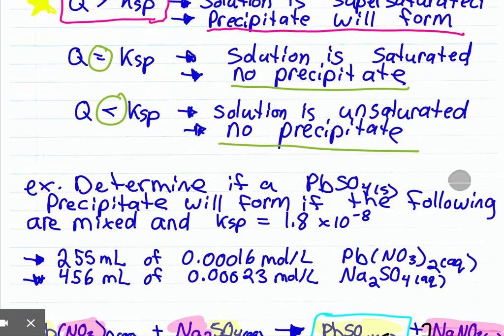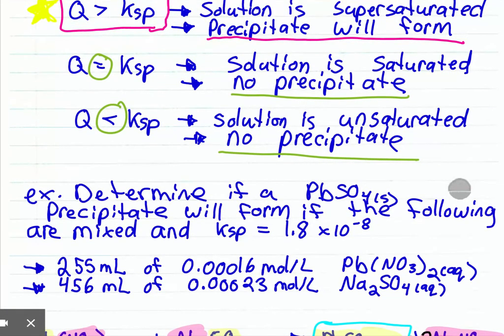Our first example: determine if lead sulfate solid precipitate will form if the following is mixed and KSP is 1.8 times 10 to the negative 8. So just remember, KSP has no units, just like K equilibrium.